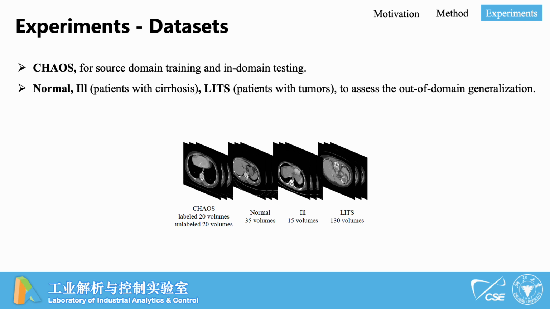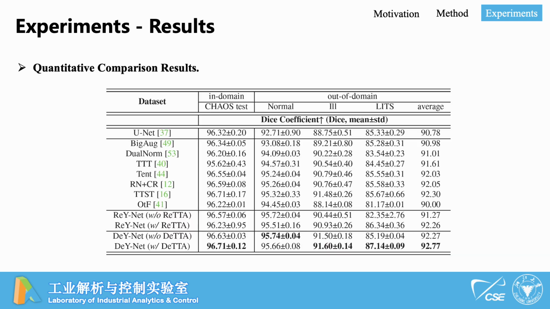We use the public CHAOS dataset for source domain training and in-domain testing. Additionally, for assessing out-of-domain generalization, we employed local datasets like LOMO and EU, along with the public LITS dataset. We compared our method against several domain generalization and test-time adaptation methods.